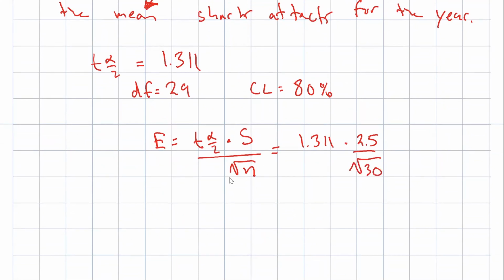All right, so you get 1.311 times 2.5 divided by square root of 30. Any question in regard to that so far? All right, so let me go back to the TI.